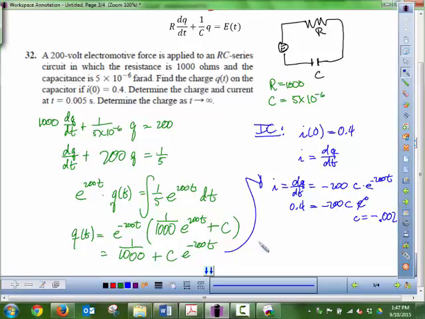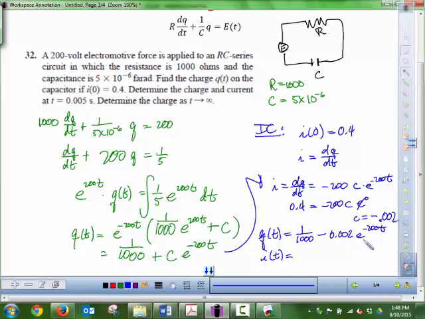So my Q of t is equal to 1 over 1,000 minus 0.002 e to the negative 200t. And my current, sorry, is equal to that same constant times 200, which is 0.4, right?